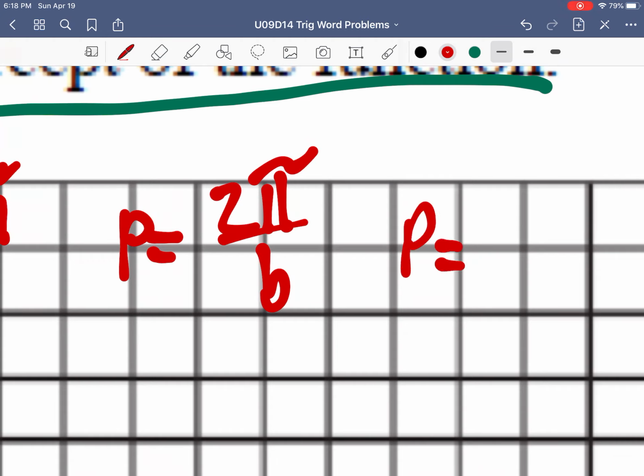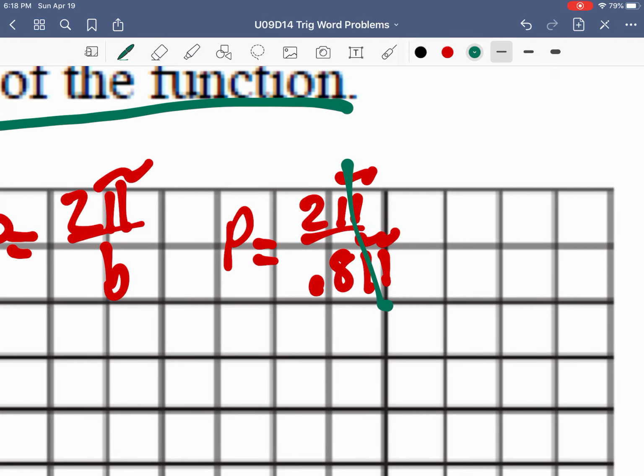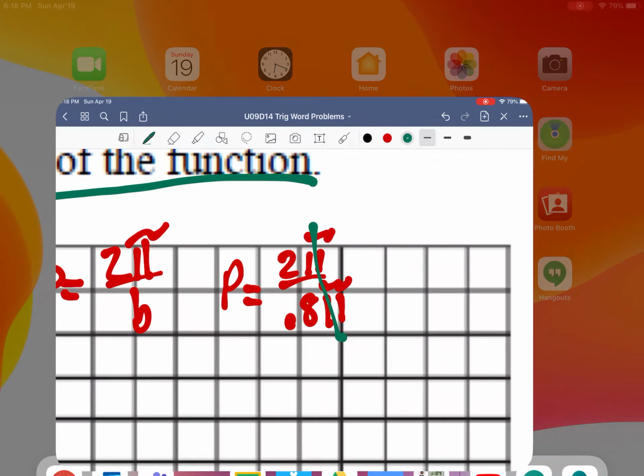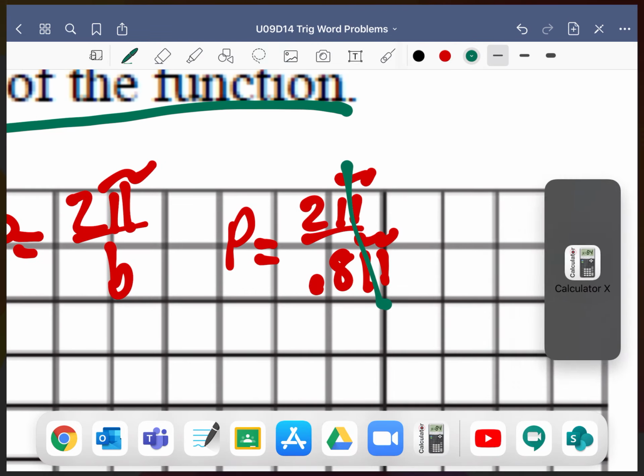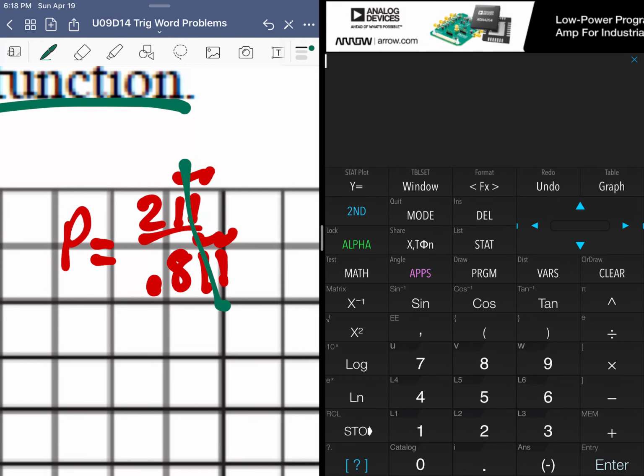So the period is going to be equal to 2 pi divided by 0.8 pi. So pi divided by pi cancels out. Now I have 2 divided by 0.8. So I'm just going to go to my calculator app and do that real quick. Okay, so I do 2 divided by 0.8, and I get 2.5.